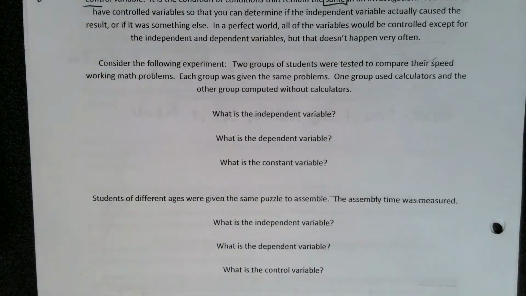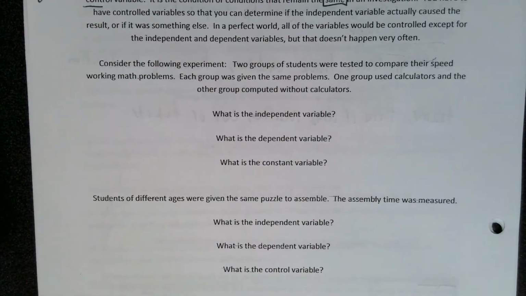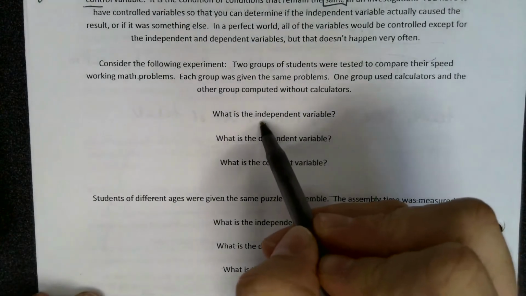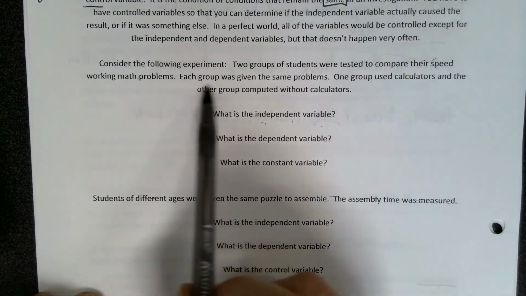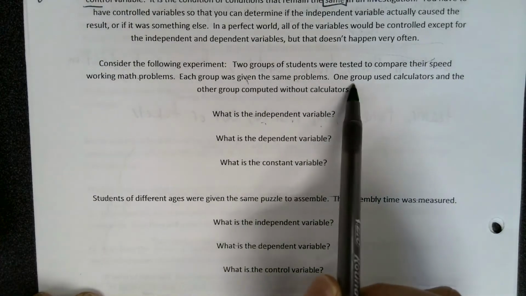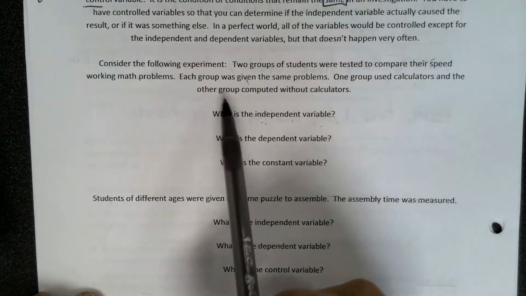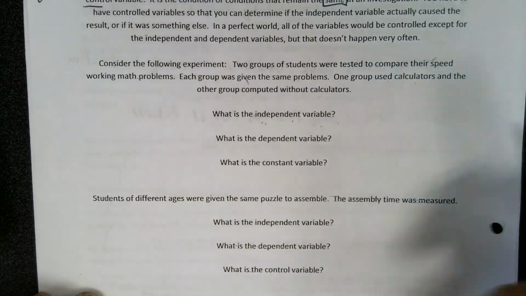So let's try this. Two groups of students were tested to compare their speed working math problems. Each group was given the same problems. One group used calculators, the other without. So what is the independent variable? What are we changing on purpose? If you look here, each group was given the same problems. One group used calculators, the other did not. That's the difference.